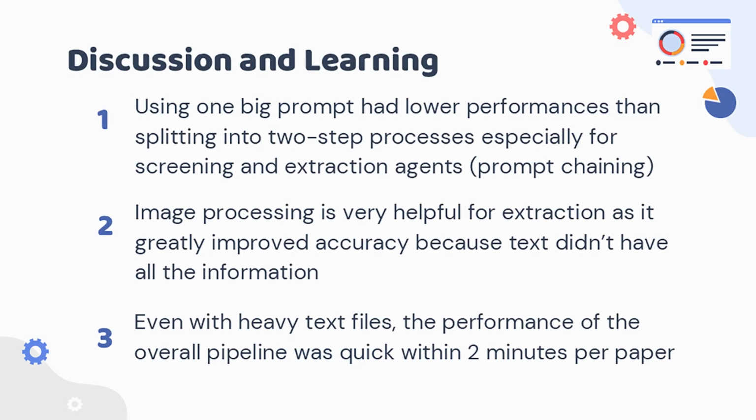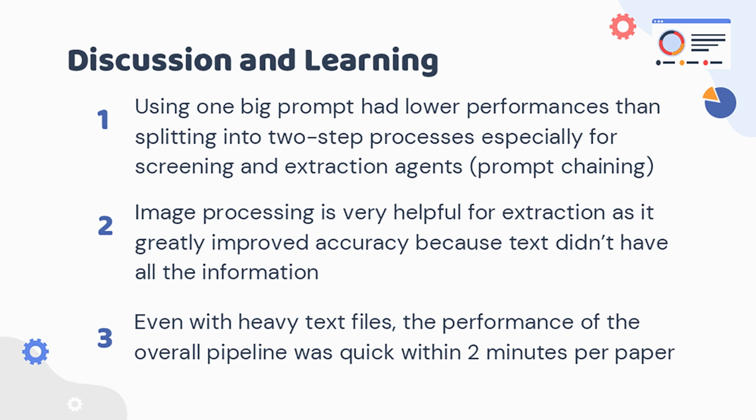And our discussion has three points. First is the screening stage. We had to split this prompt into two steps, Step 1 and Step 3 as mentioned, because one big prompt loses some performance. Second, image processing is the key, especially for extraction, because there are some images hidden in the HTML full text.